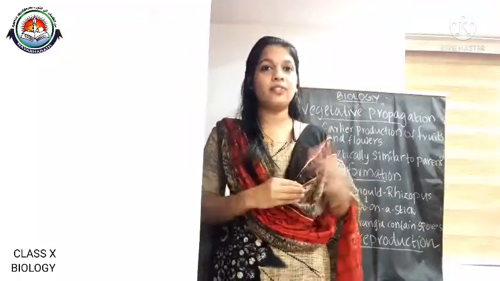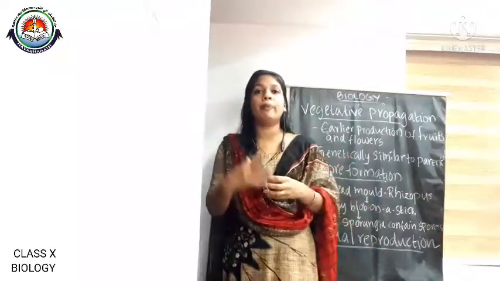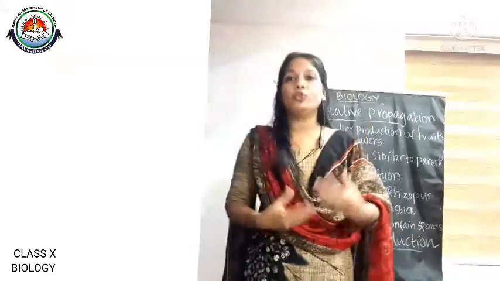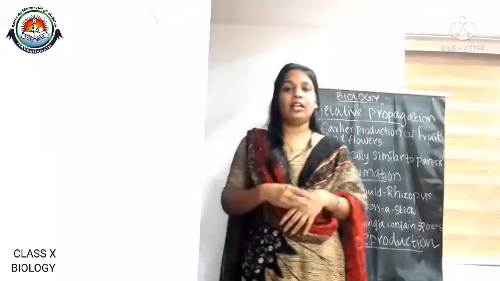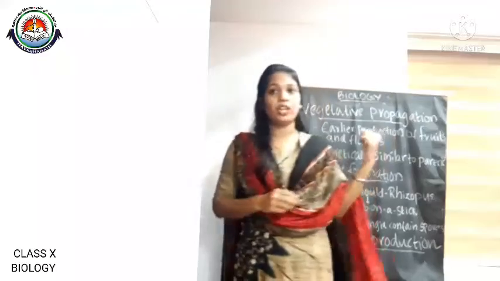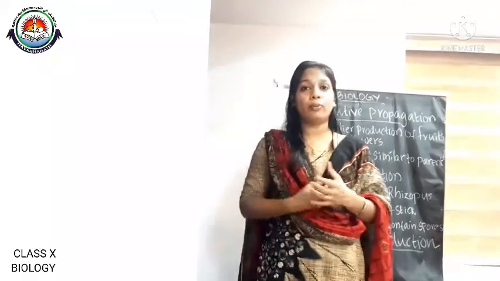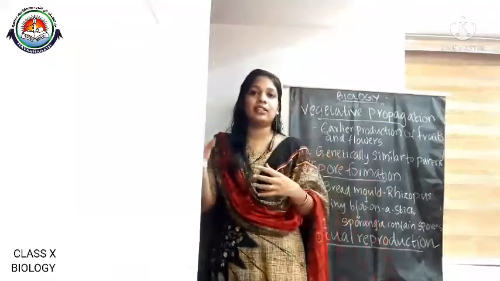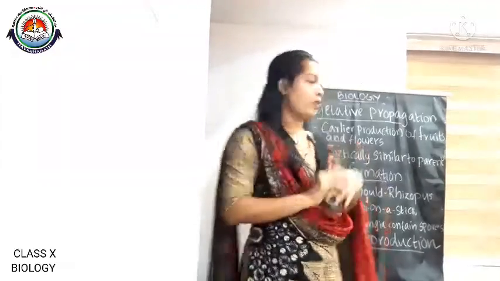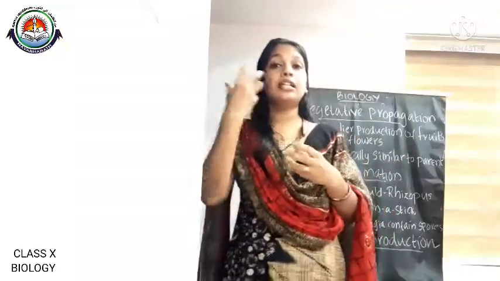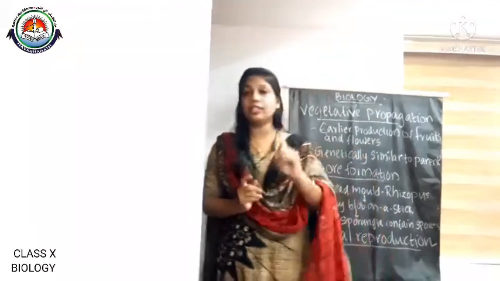In vegetative propagation, other plant parts like roots, stems, then leaves are used for the production of a new plant. So the fruit and flower formation will be much earlier than that of the plants that are raised from seeds. These vegetatively propagated plants have the ability to produce fruits and flowers at an earlier stage. That is the first advantage.